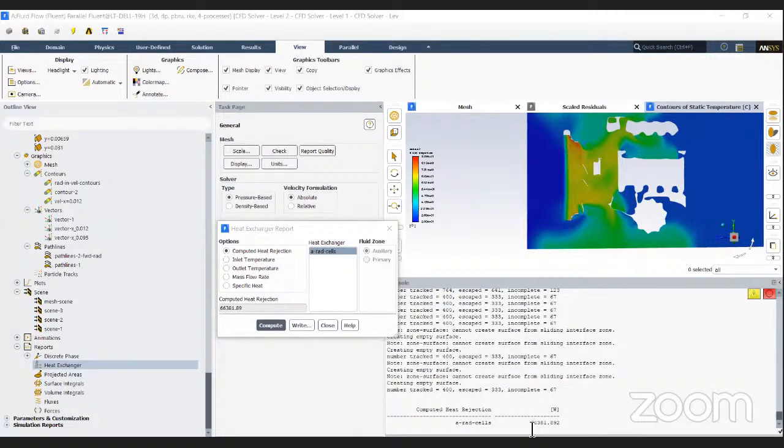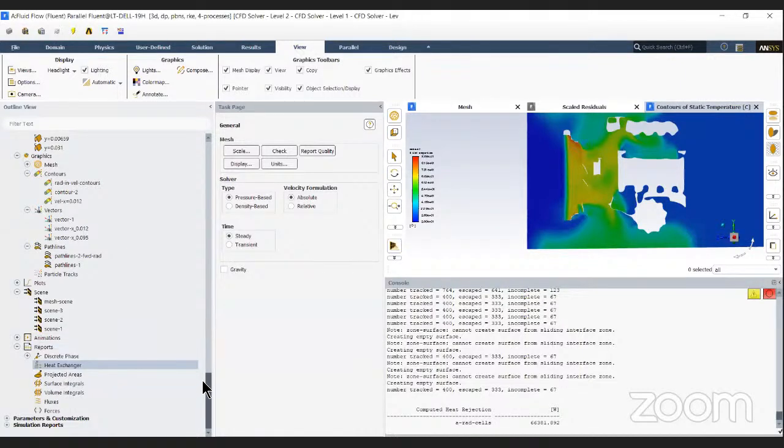Now, depending on the amount of heat you are expecting from the engine bay or from the engine, you might compare this to that heat and say, oh, this is sufficient, or perhaps this is not sufficient, right? You have other values as well that you can get from the heat exchanger report. For example, outlet temperatures, inlet temperatures, mass flow rate. So all this is really important stuff when you're determining if your cooling package is designed correctly.